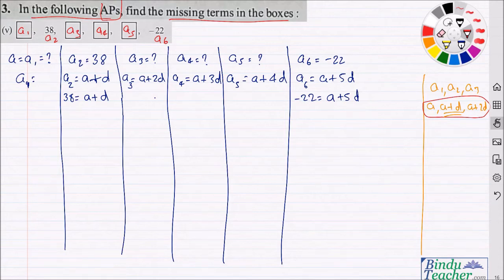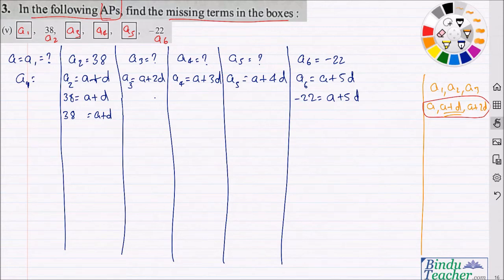Okay, so now what we will do is, in the second equation, I will write 38 equals A plus D, but then we will try to find the value of A, right? In other words, I'll just keep A on one side, keep everything else on the other side. So we will balance the equation.